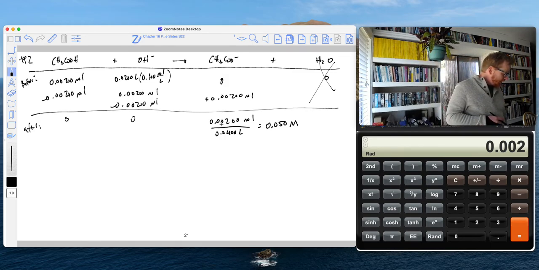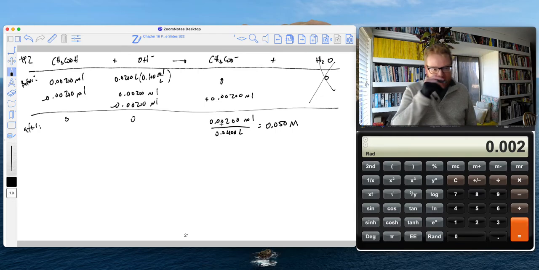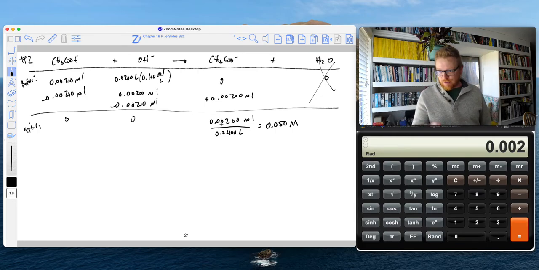And we could do this as a RICE table, or if we were really good and recognized that we could just plug this straight into the Kb expression, then we could do that as well. But because this is the first time we're seeing this, we'll just go ahead and start this as a new RICE table.